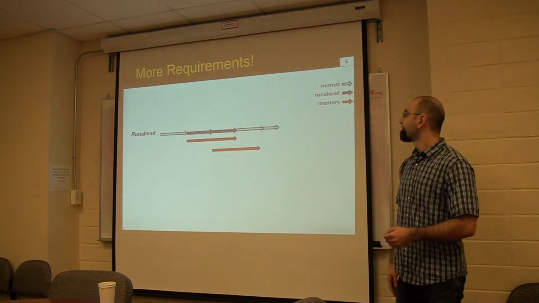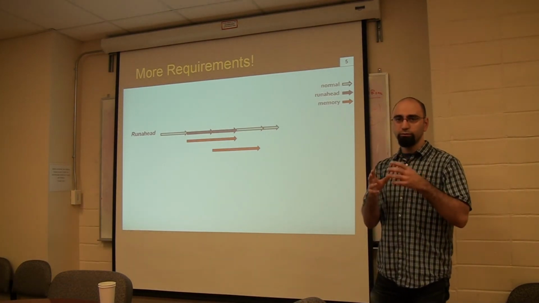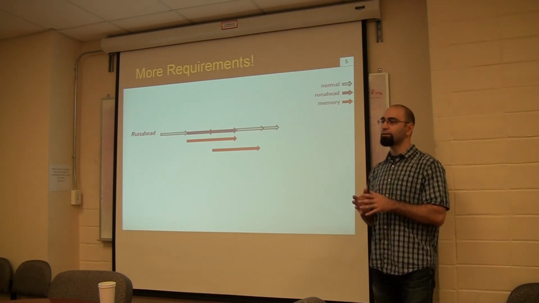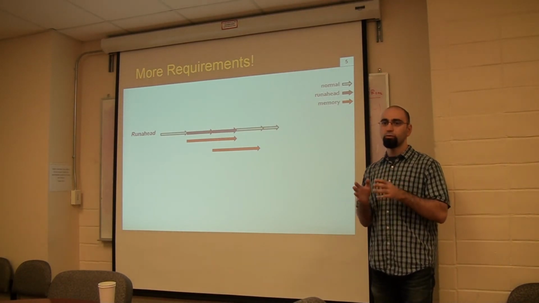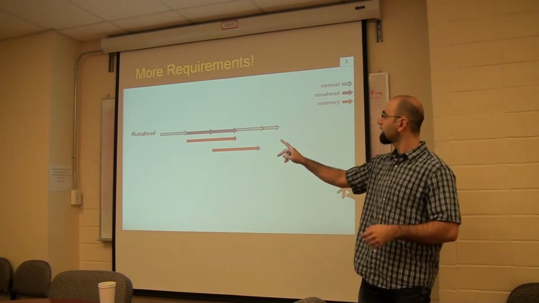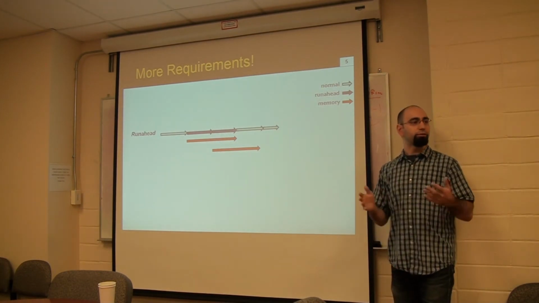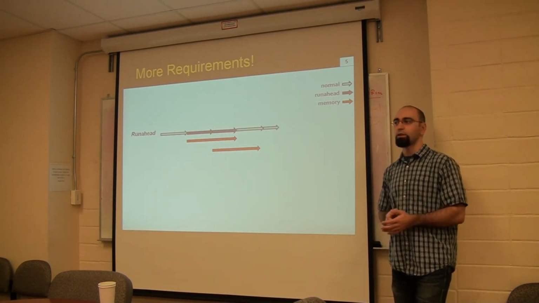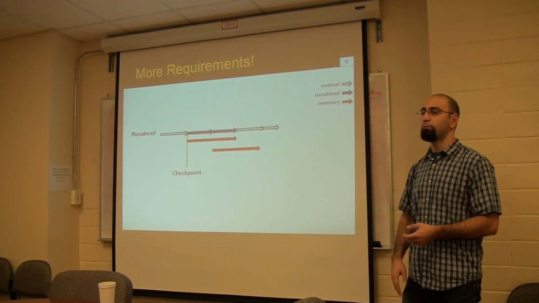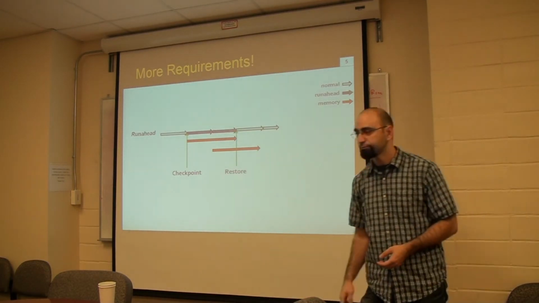Now another requirement. When we go into run-ahead mode, we make modifications to the state of the processor. But because this is speculative execution, we don't want anything to be visible outside of the run-ahead execution. So anything happening in that dark blue area has to be discarded. There are ways of accomplishing this. One of the easiest is to create a checkpoint when we go into run-ahead mode, and then restore when we come out of it.